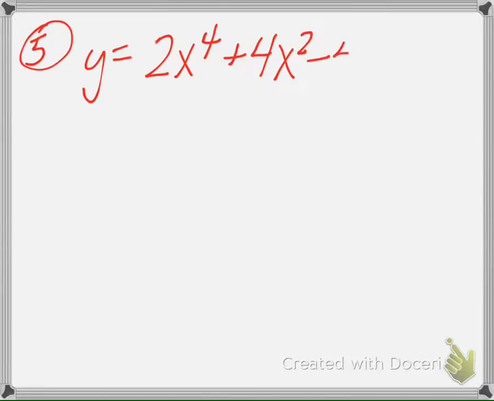Okay, the original function is this. There's no negative here. I'm just getting sick of this color. I'm going to change it. Okay, we're interested in decreasing, so we'll find the derivative.